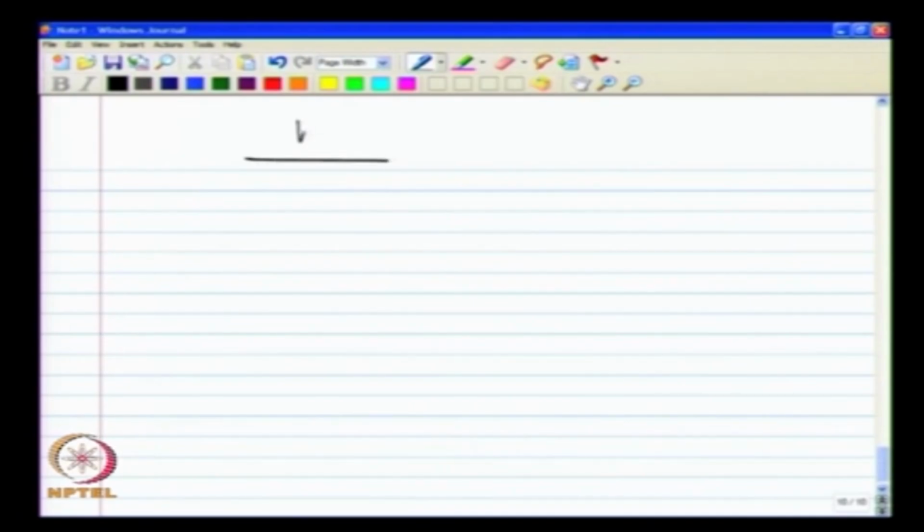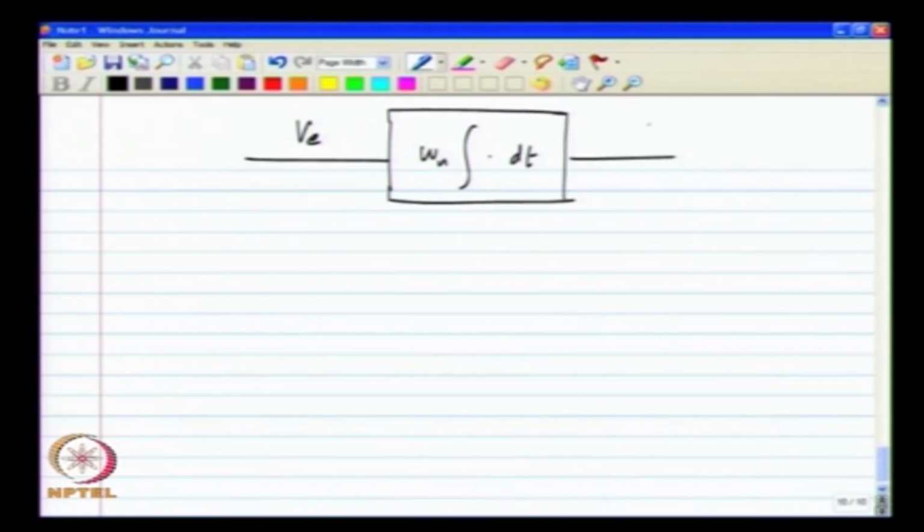So, the integrator integrates the error voltage VE, and as I mentioned there has to be a proportionality constant omega u, so that the dimensions are consistent. So, the relationship is V out is omega u integral VE dt.